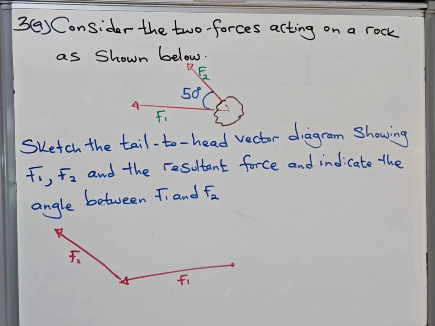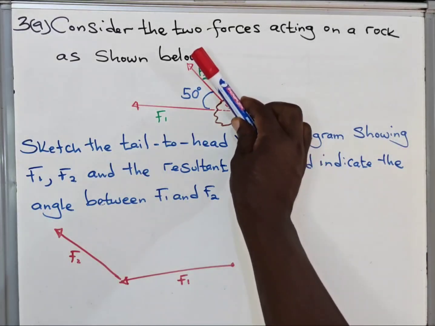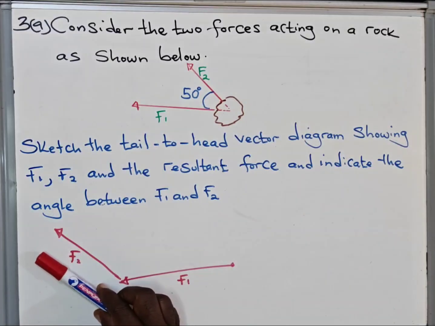Okay, I need to remind you that a vector remains the same provided it has the same magnitude and same direction. That is true irrespective of its point of origin. So in other words, shifting F2 to here does not make it different. It remains F2.